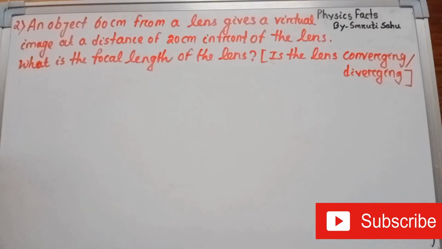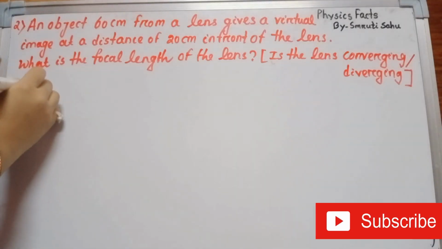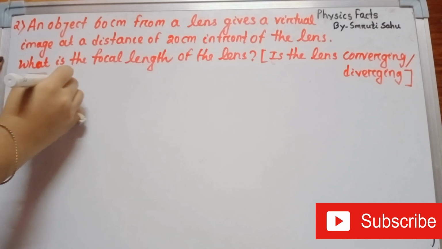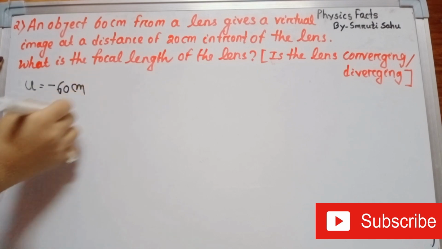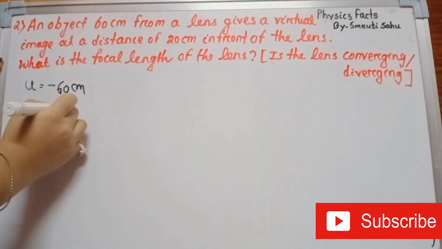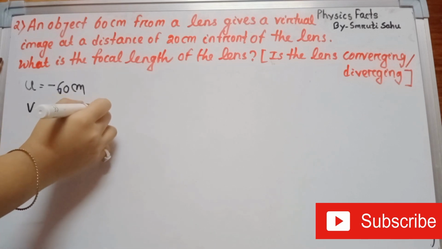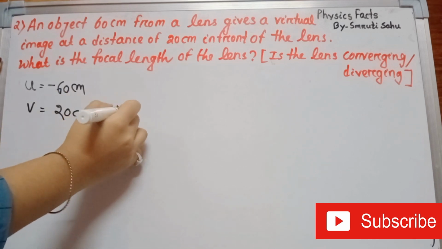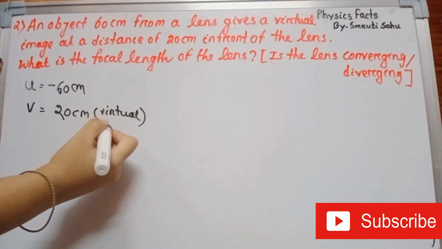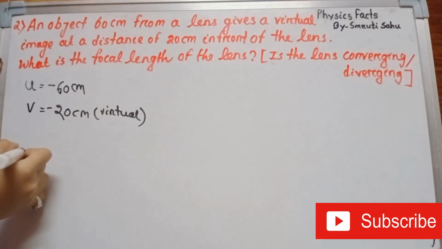So here object distance u equals 60 cm. Because of the sign convention, object distance is always negative, so u equals minus 60 cm. And image distance v equals 20 cm. Since the image is a virtual one, the image is produced on the same side of the object, so the sign is negative.